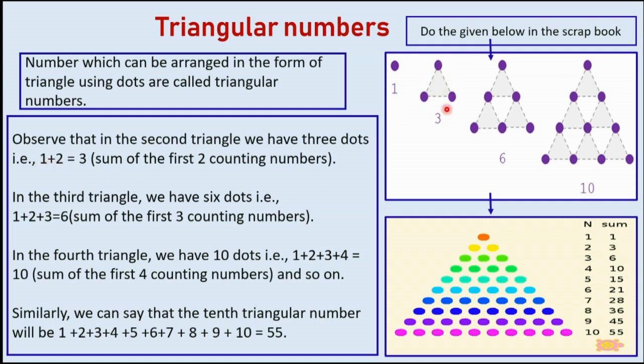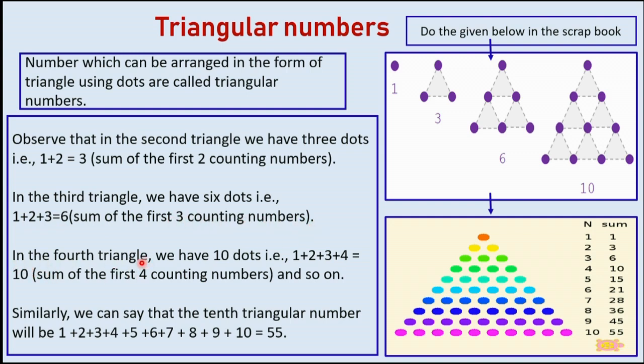In the third triangle we have 6 dots, that is 1 plus 2 plus 3, equal to 6. Sum of the first 3 counting numbers.